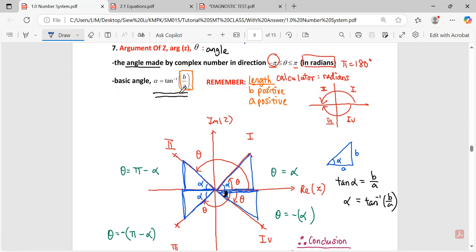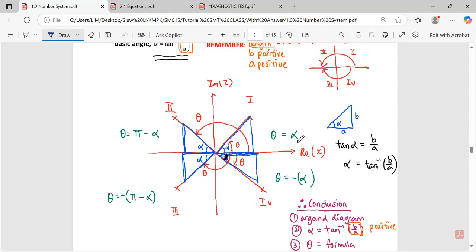This part, b over a, refers to the opposite length and adjacent length. So it's a quantity of length, a scalar quantity, not represented with coordinates. So for this a and b, just put in the positive value, without putting a modulus or negative inside.